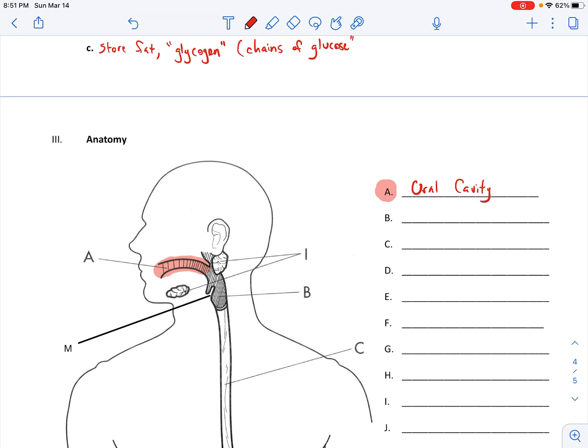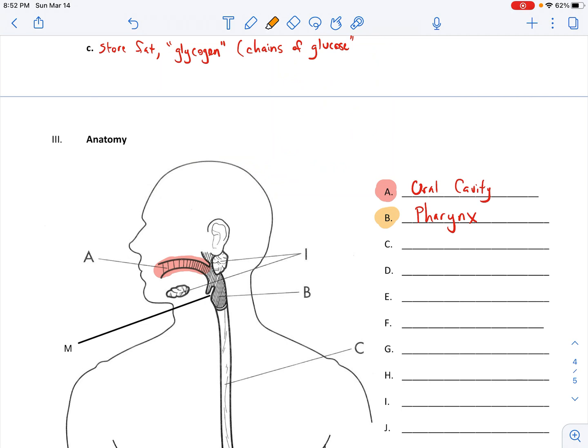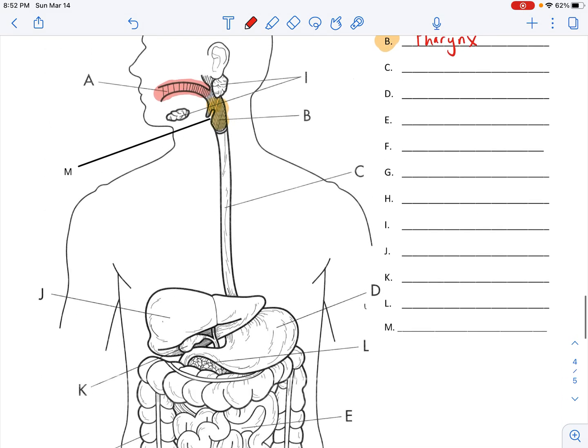B is the back of the throat, which is called the pharynx. And we'll do that one in orange. I'm going to jump down to M for just a second. M is what's called the epiglottis.